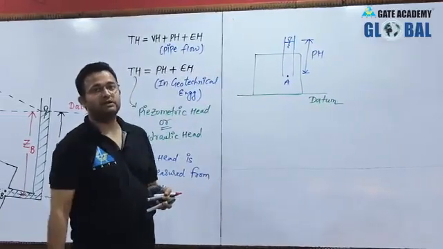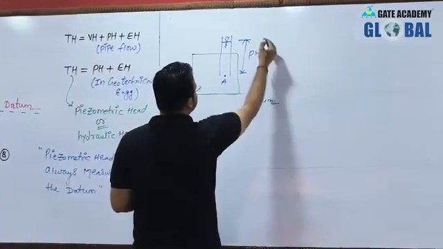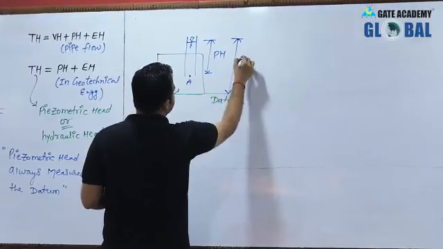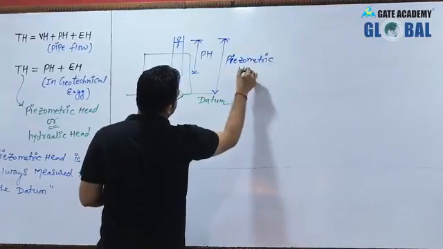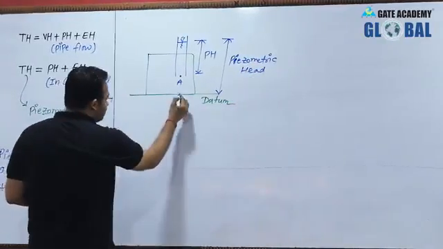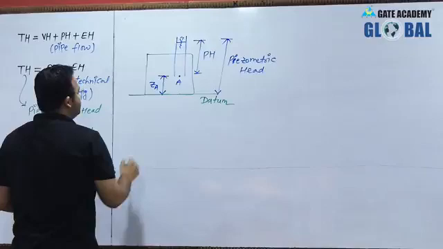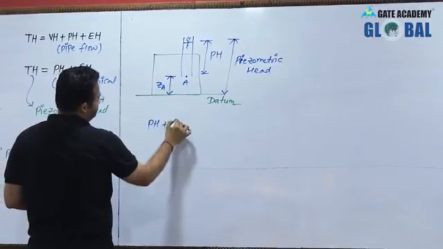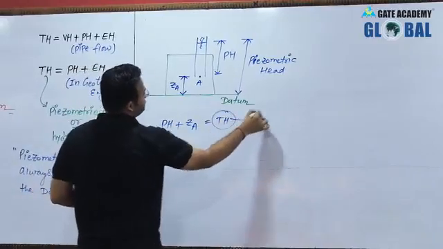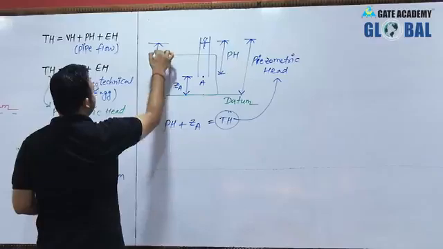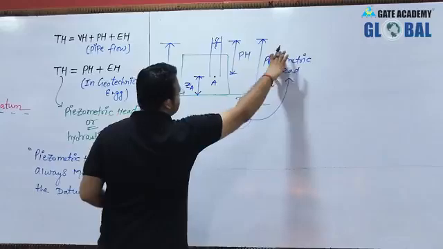Piezometric head shall be measured from the datum. Of course from the datum the point A is located at ZA. So pressure head plus ZA, which is your elevation head, will give the total head, and this total head is nothing but your piezometric head from here to here. Elevation head plus pressure head is your piezometric head.